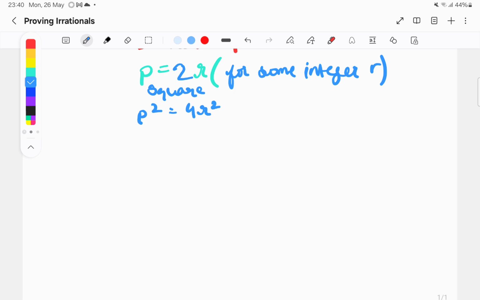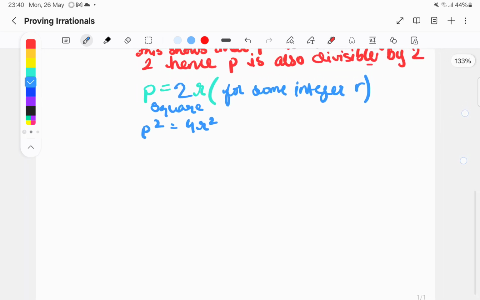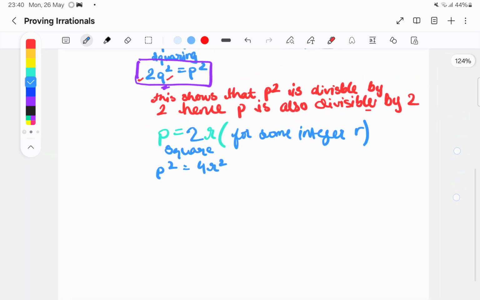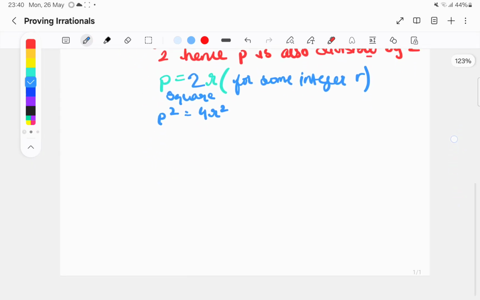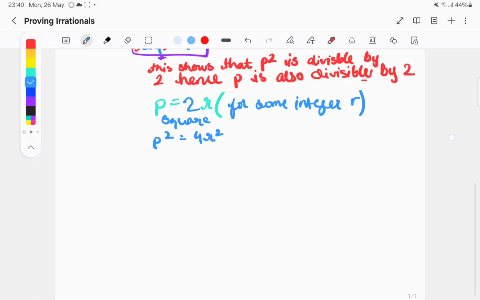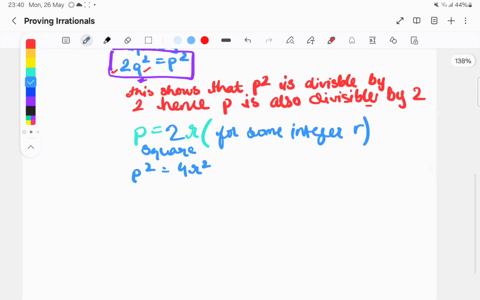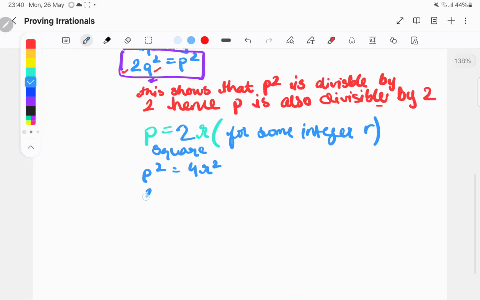Now what we had seen earlier, p square is equal to 2q square. So can we equate p square? Definitely we can. So p square was earlier 2q square. So you can just put 2q square is equal to 4r square. If you cut 2 on both sides, we get q square is equal to 2r square.